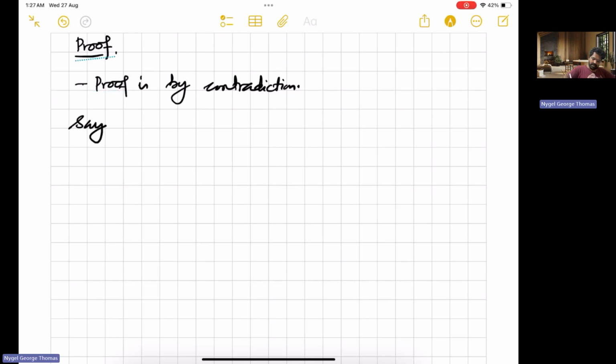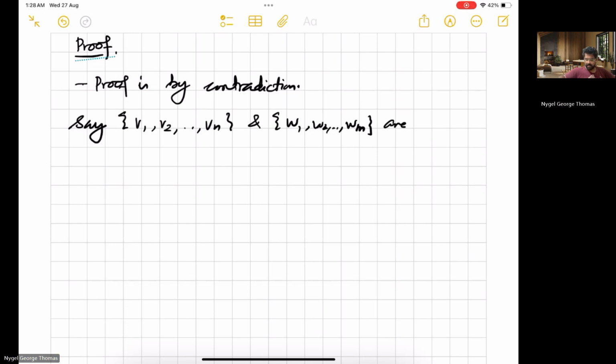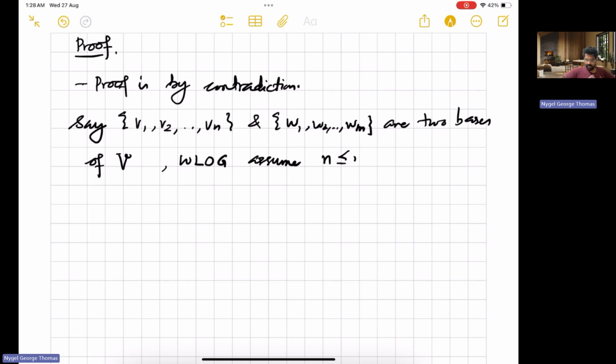Say we have a set of vectors v1 up to vn and w1 up to wm. So these two are two bases of vector space V. Without loss of generality, we're assuming n is less than or equal to m.